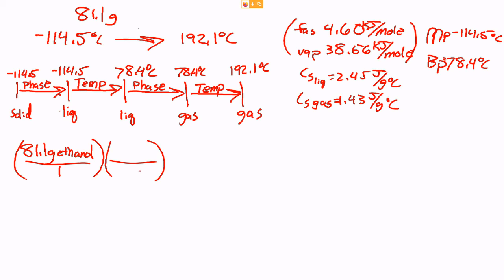And actually, I don't know the molar mass of ethanol off the top of my head. But you'll use a certain number of grams for every 1 mole, and that will give you a number of moles that you're working with.